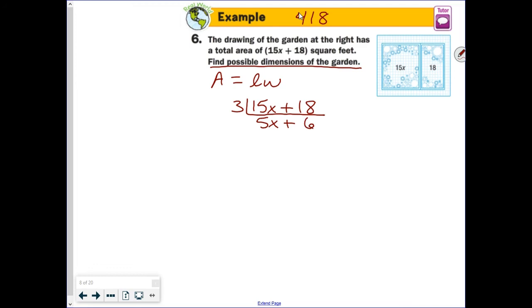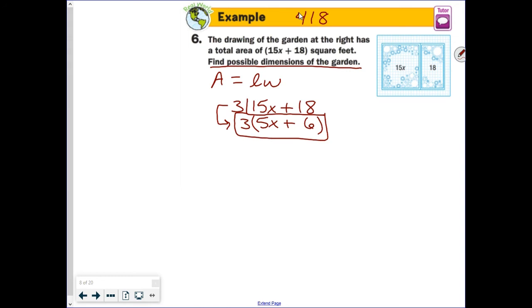So when we divide by 3, we get 5x plus 6. That is factored down to its lowest terms. And then I would just drop the 3 down outside. So I ended up with a factored expression of 3 times (5x plus 6).